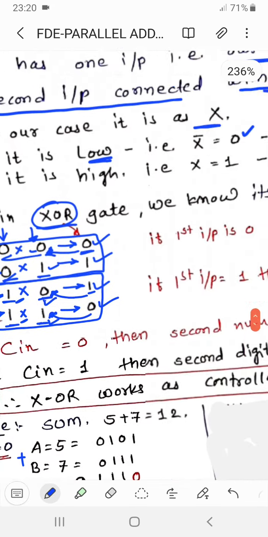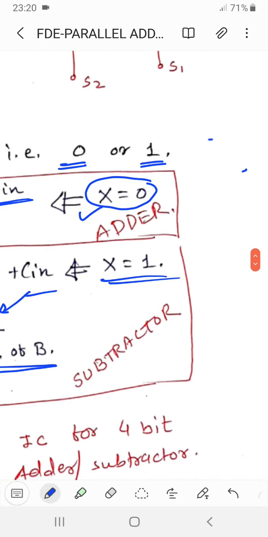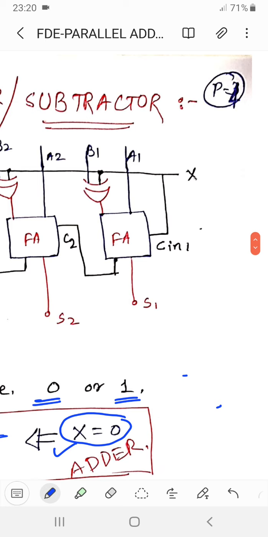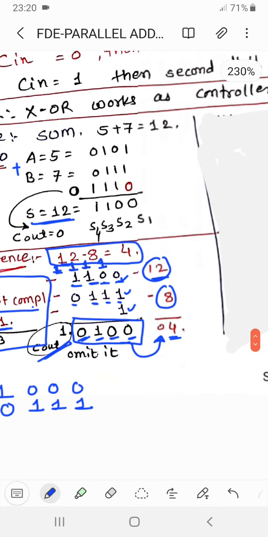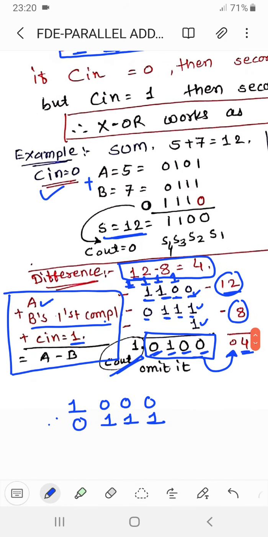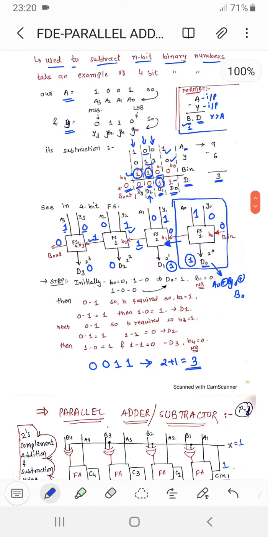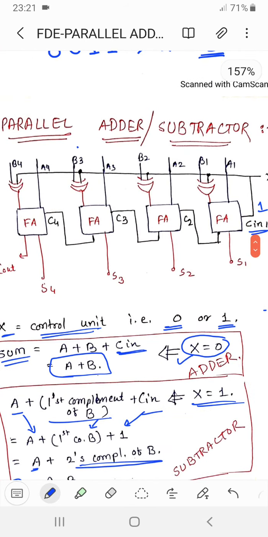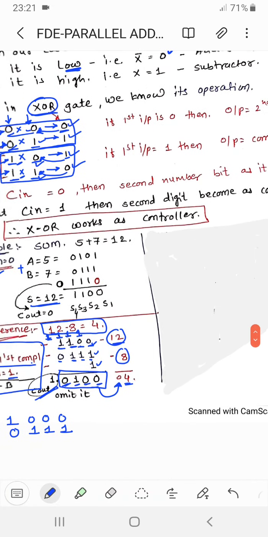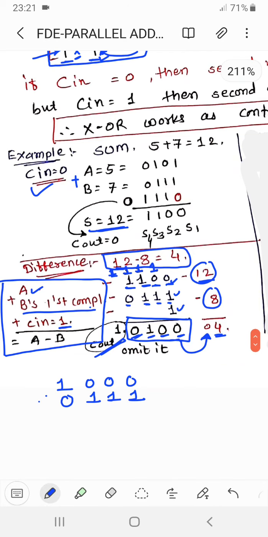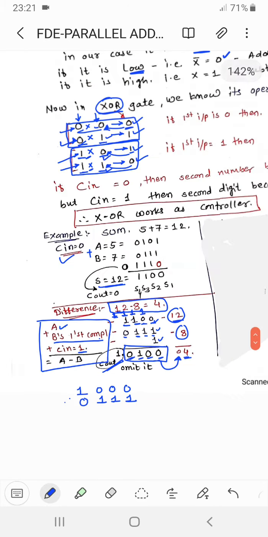In this particular figure we are making X equal to 1, so your carry in is already 1, and our two inputs: our A in this case is 12, which means 1 1 0 0, and my B in this case is 1 0 0 0, because it is 8.